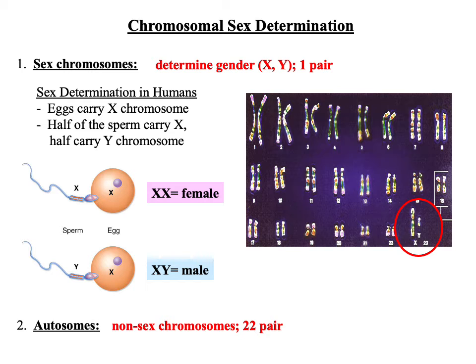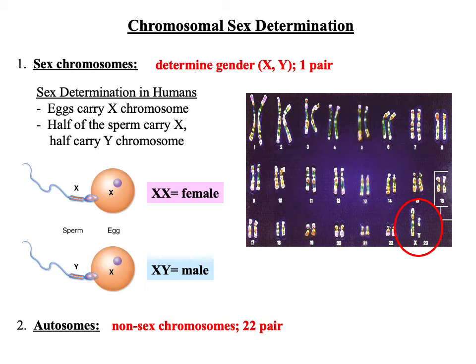If you look at the other pictures on the left, the way that sex is determined is that females carry two X chromosomes and males carry an X and a Y. This is just the combination that comes together when sperm and egg meet and create the pair. So XX is female and XY is male. We're going to talk a little bit more about one of those chromosomes on the next slide.